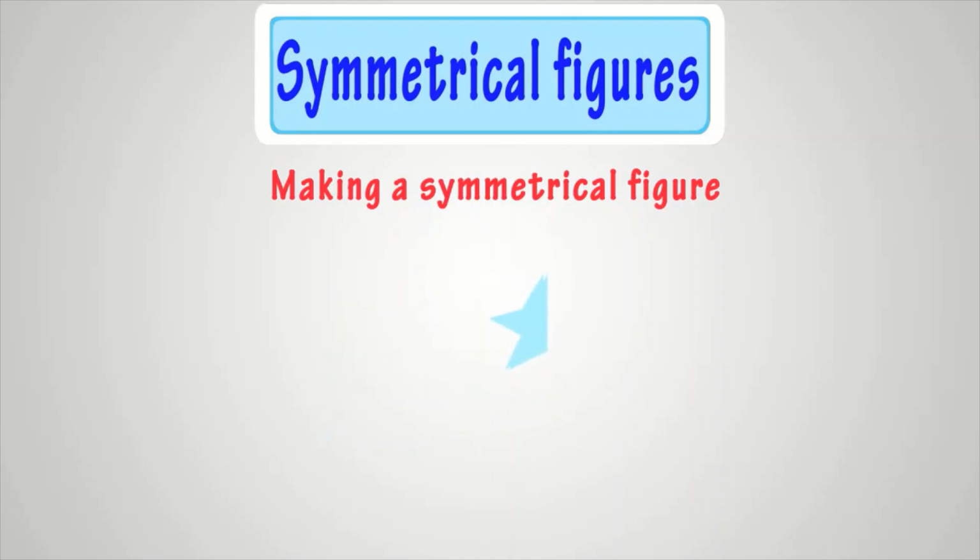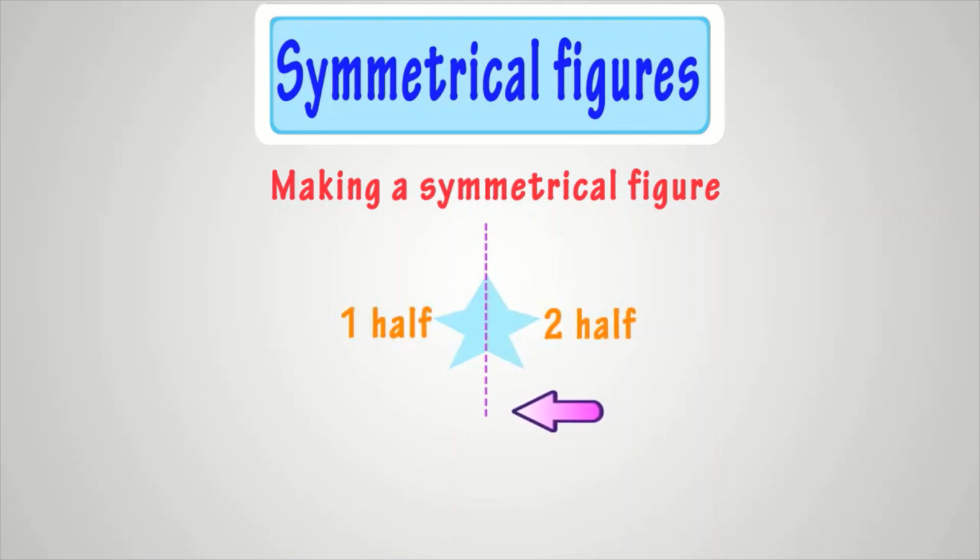Now open the fold. What do you see? Here is a symmetrical shape with two halves that can cover each other. And this line of fold is our line of symmetry. You can make many symmetrical figures this way.